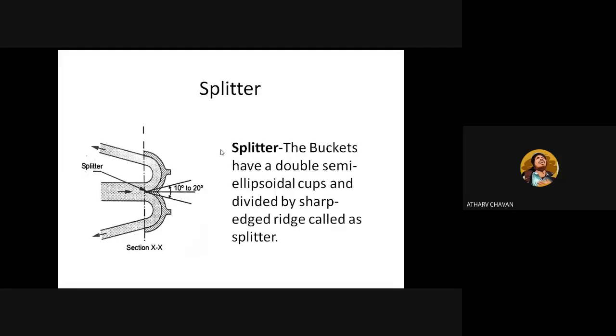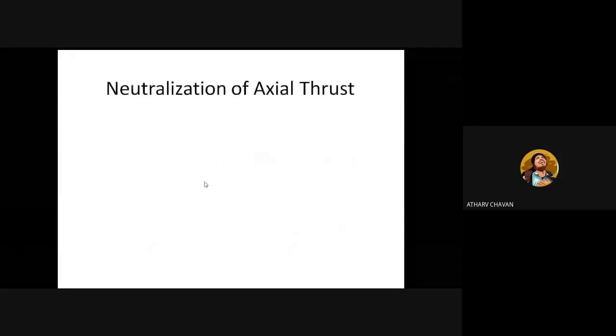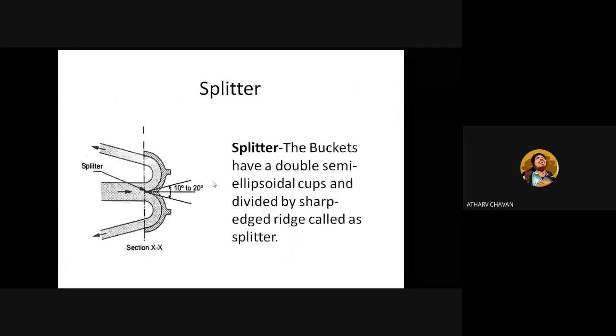The definition says the buckets have double semi-ellipsoidal cups. These are the double semi-ellipsoidal cups, and they are divided by a sharp-edged ridge called the splitter. This is the sharp-edged ridge. This is called a splitter, and the angle which the sharp-edged ridge makes to disperse the jet in two directions is called the splitter angle.